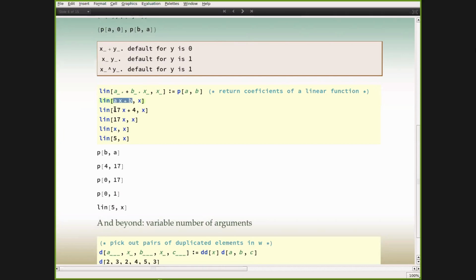When we have 17x plus 4, then 4 and 17 are returned. But when we skipped this free element 4, then 0 is returned. And if we have x alone, then 1 is returned, because this is the default value for multiplication, b times x. This is this multiplication.